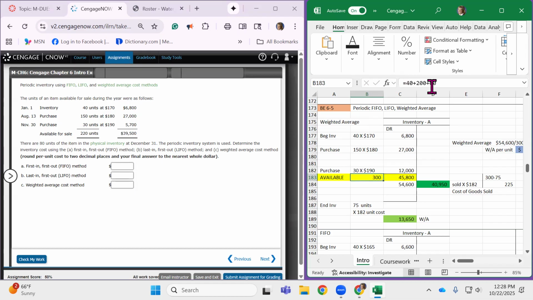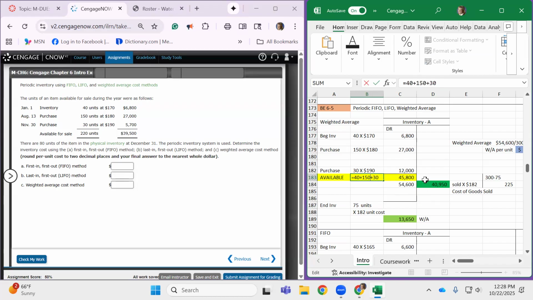If you're required to do weighted average, LIFO, and FIFO with periodic, you might as well go ahead and do your average first. We've got 40 plus 150 plus 30. That's how many items we have: 220 items.